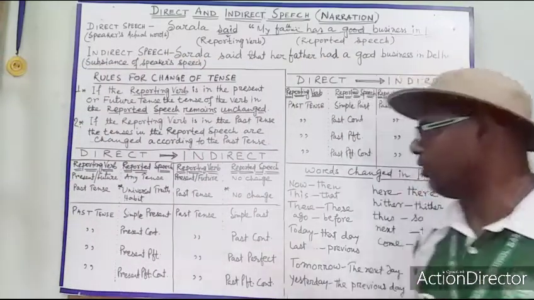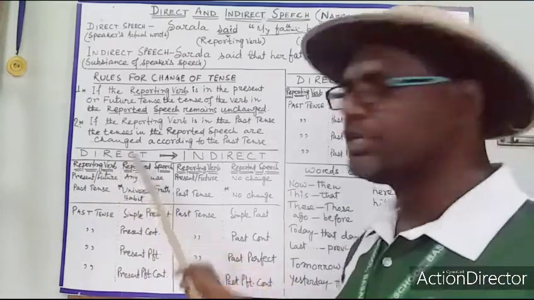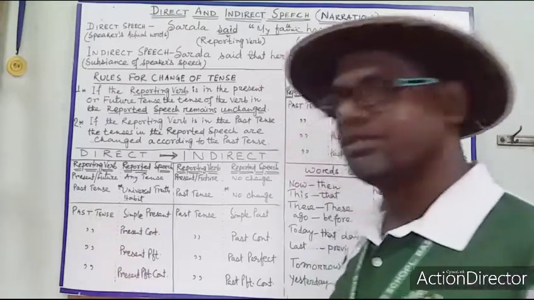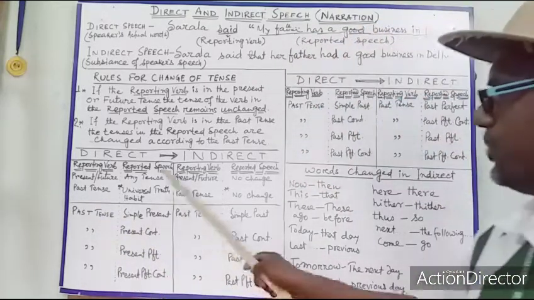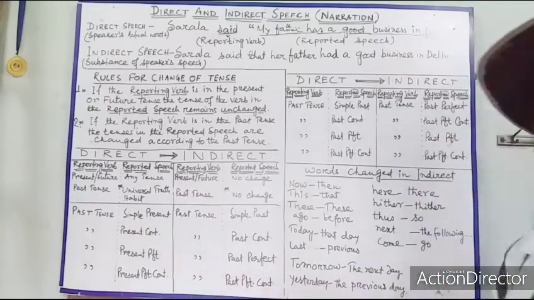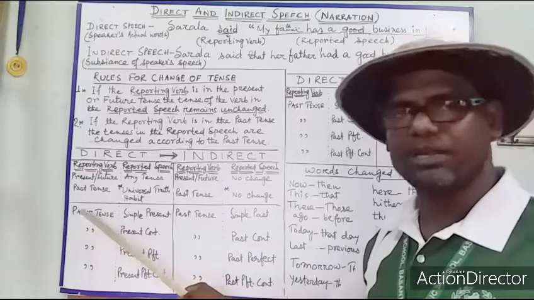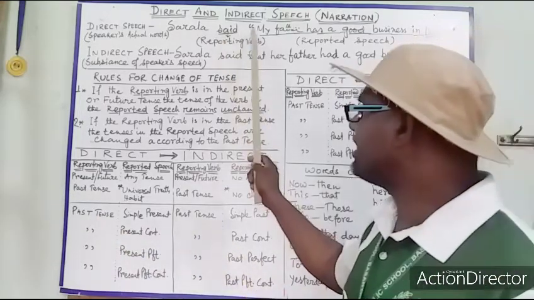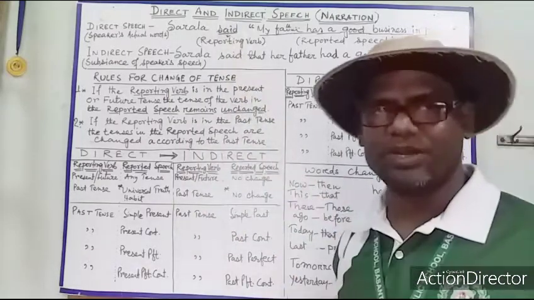Okay, now next, if in the direct speech past tense is there in reporting verb and in reported speech there is simple present tense, what will happen in indirect speech? That past tense in the reporting verb will be there intact. That means outside the inverted comma, whatever verb is there, that is not changed as per tense.